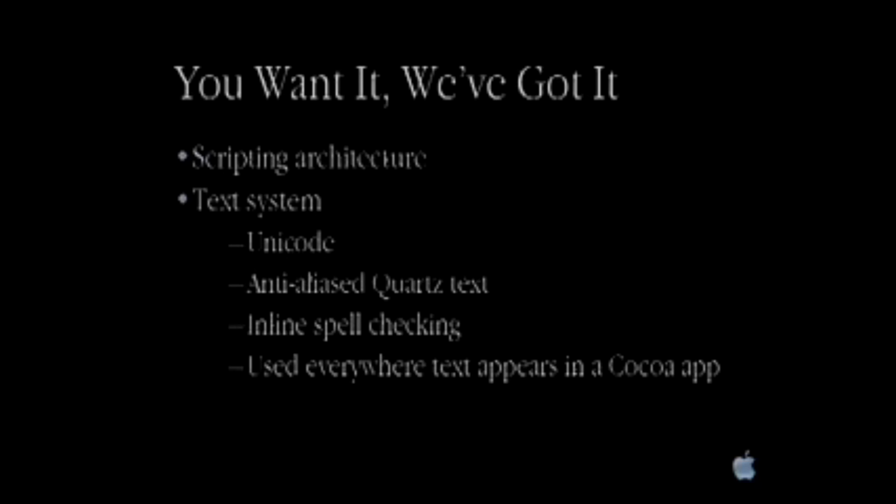So the text system is extremely powerful. It's fully Unicode-based. It uses Quartz to have this beautiful anti-alias text. It has things like inline spell checking. It has advanced typographic features like kerning and ligatures. It's really well architected so you can actually replace, subclass, modify pieces of it to get the job you want done.